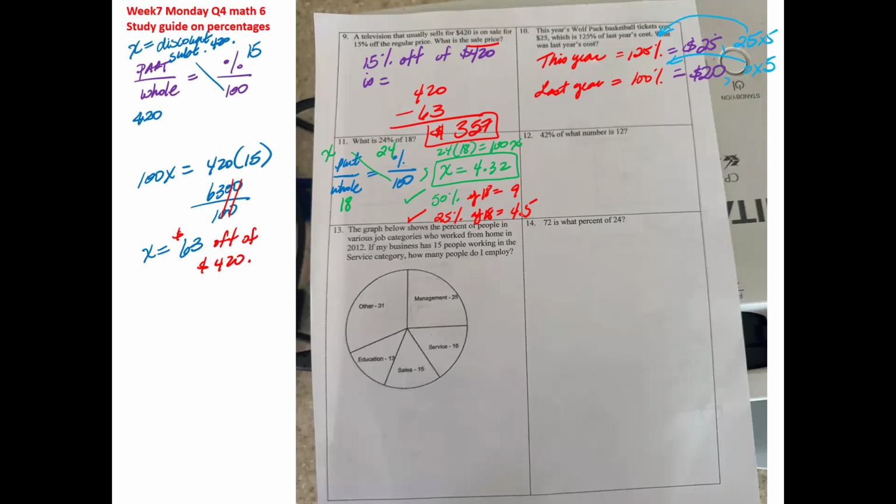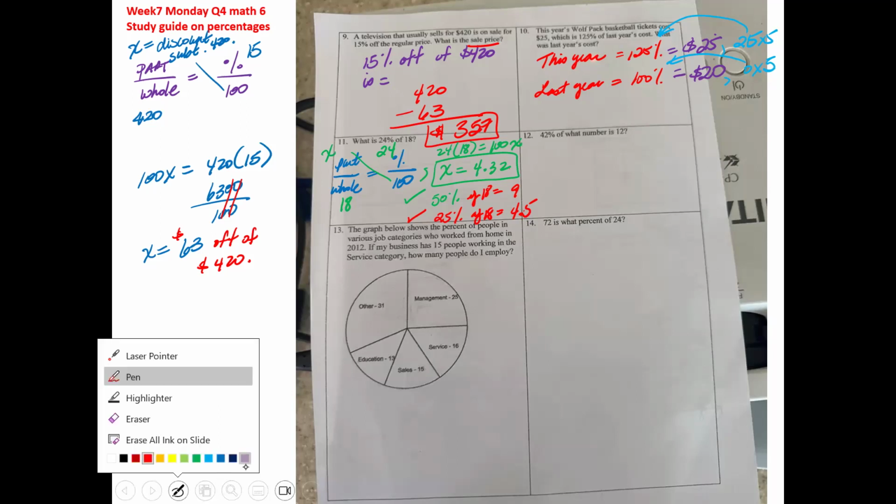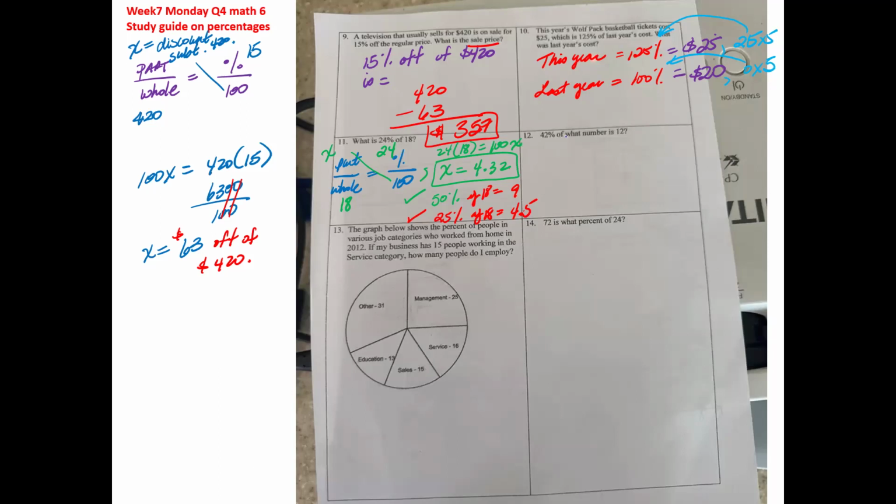You should just know this. So X is 4.32. That's 24%, and 24% is smaller than 25%, so that number should be smaller than 4.5. Is it? No, 4.32 is smaller than 4.5. That's how you check mentally. You don't need a calculator for that. Next question, let's go.